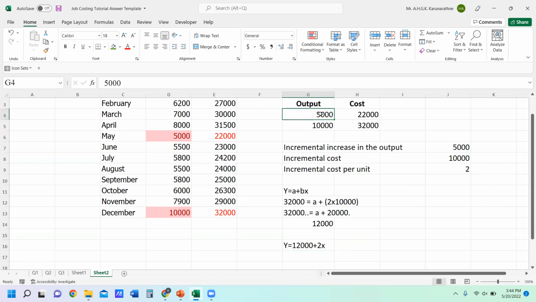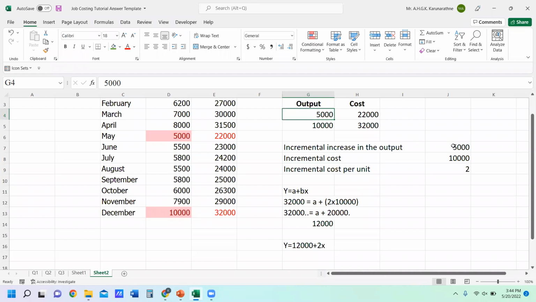Secondly, these kinds of questions are very common and popular in most cost and management accounting related exams, MCQ exams. So simply, when your output level increases from 5,000 to 10,000, the incremental change in your total cost represents your variable cost.